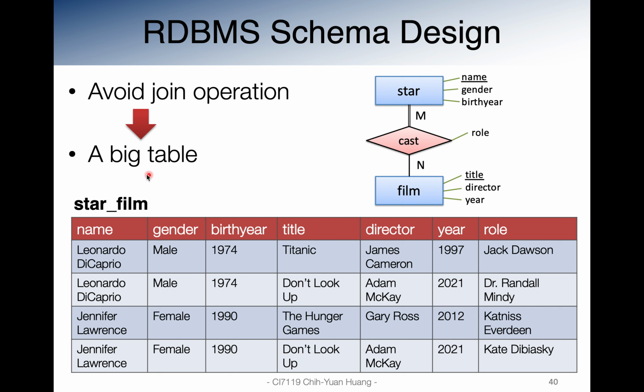However, the problem is that you will use more storage to store the data, because there is a lot of redundancy and duplicates, and that is one of the problems. And the second problem is that if you want to change anything in the big table, then you must pay attention to the robustness and completeness of that change.